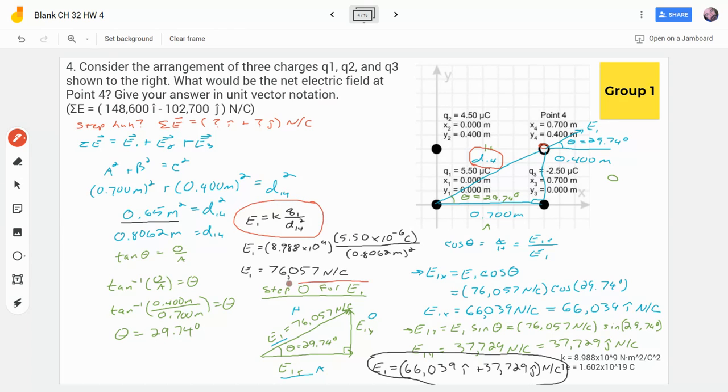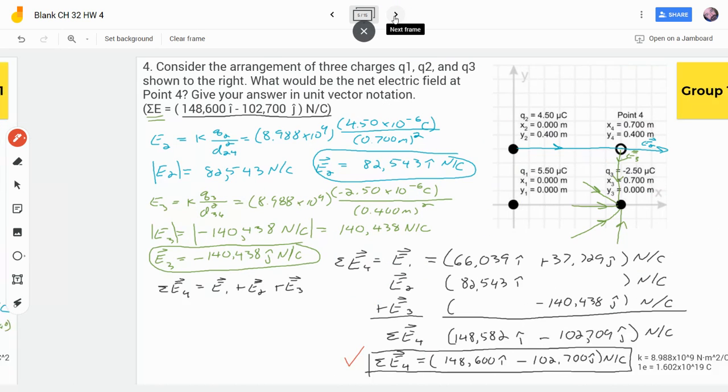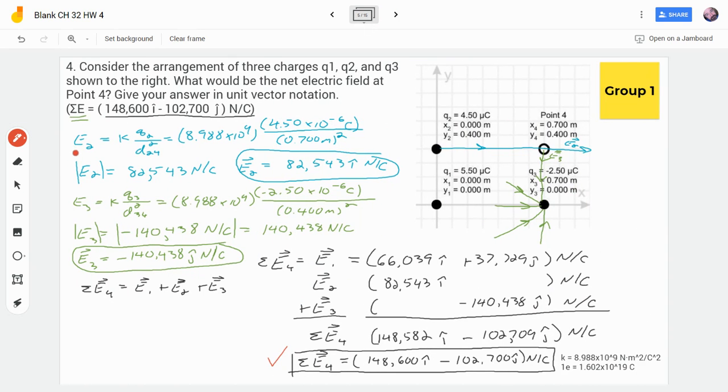Then you had to do a step 0 to get the components, and a good step 0 makes it not too bad to get the components. We got this. Getting the other pieces, this one and this one, weren't as bad. But yeah, lots of little places to make mistakes.